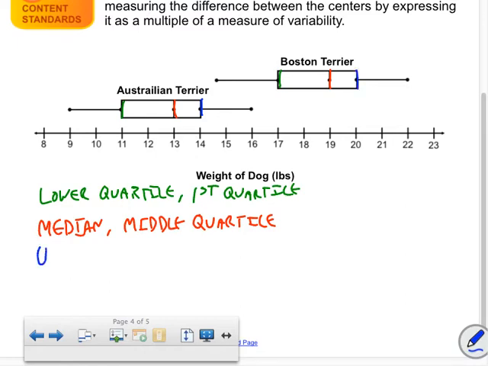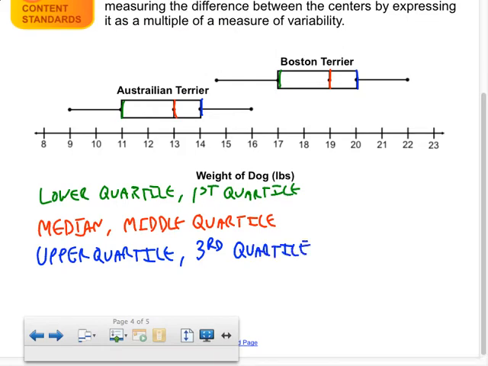The upper quartile or the third quartile? Okay, the median has one more name, actually. It can be called the second quartile also. Okay, that's a lot of stuff.